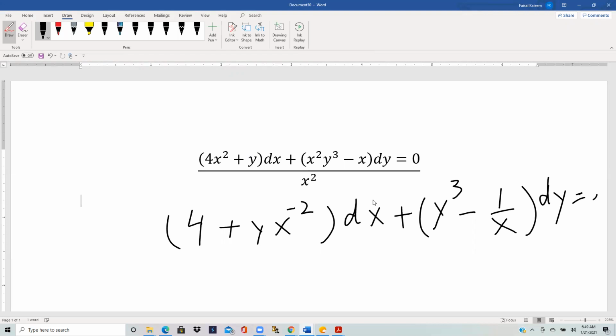Now if your work is correct, then this equation after multiplying by the integrating factor should be an exact equation. I won't check it here, you can check yourself, but I will just believe that my work is correct.